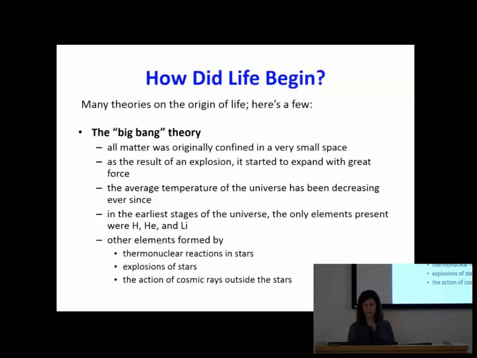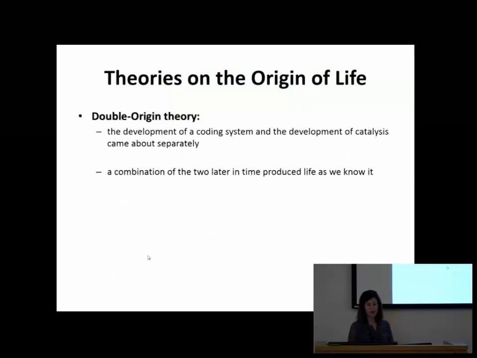So other elements are formed inside of the sun and stars. In the core of the sun, we have our other elements formed. But how did life come from all those elements? Well, these elements formed proteins.